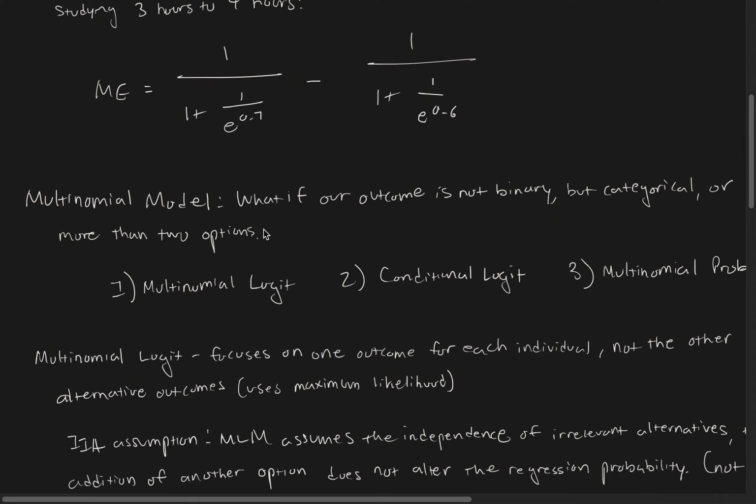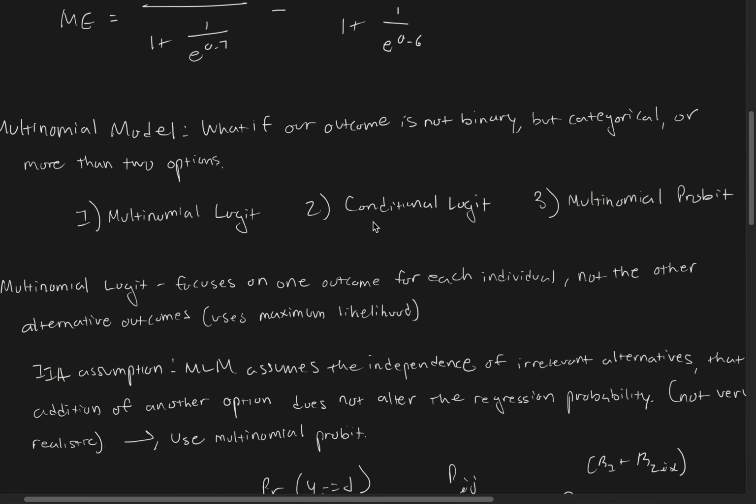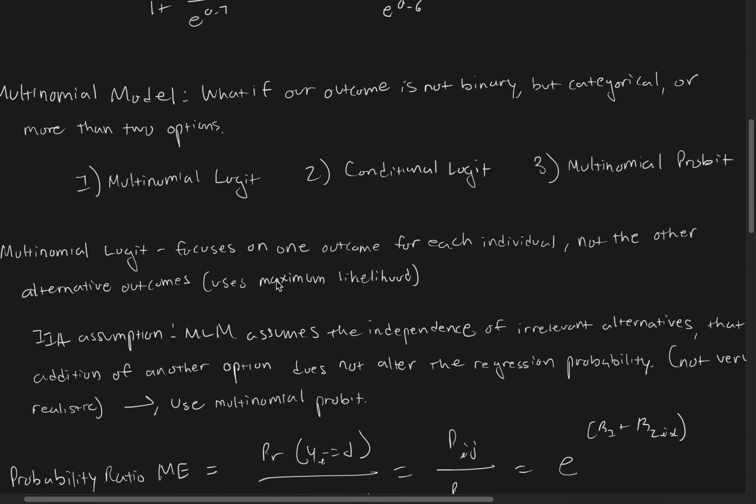We can have more than two options. So what is the chance of a student receiving an A in contrast to a B or a C or a D? Stuff like that. We have 3 different types of models to represent that.